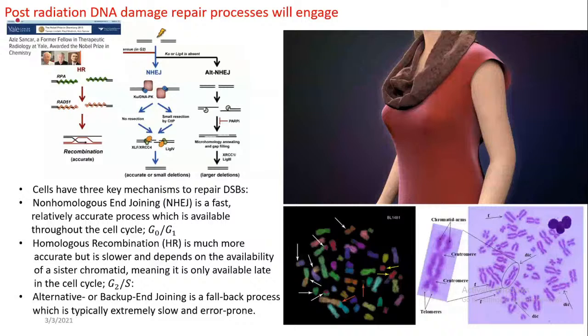So as we learned so far, the DNA double-strand break are the most dangerous type of a DNA lesion because they can potentially propagate to the next generation of the cells, as we observed in the previous slide.